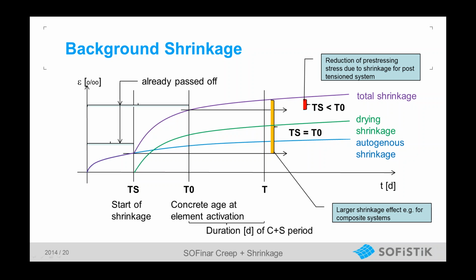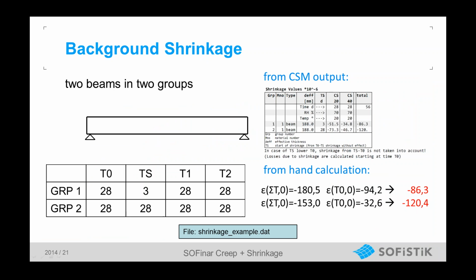That means the shrinkage value will be evaluated right from TS equals T0, so the full drying shrinkage will be used here. The difference is that the autogenous shrinkage effect from time 0 up to the time where you start your shrinkage process is never used inside these shrinkage values.